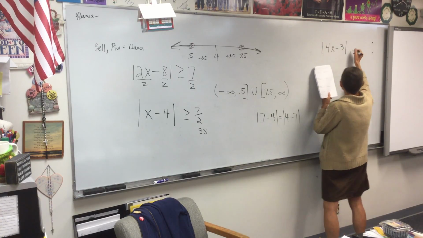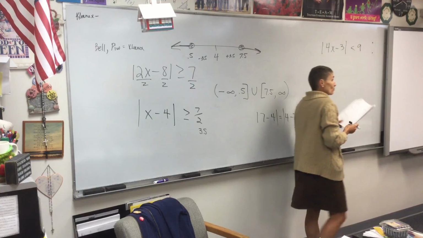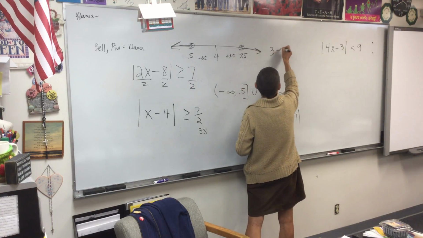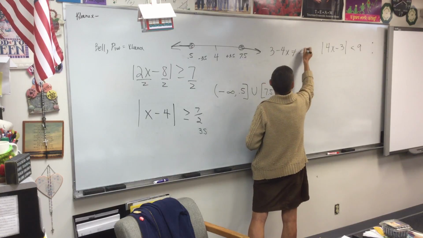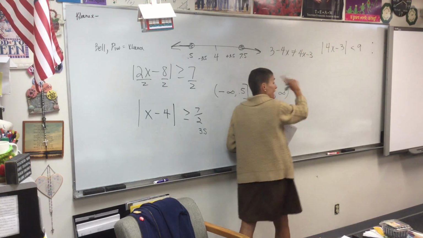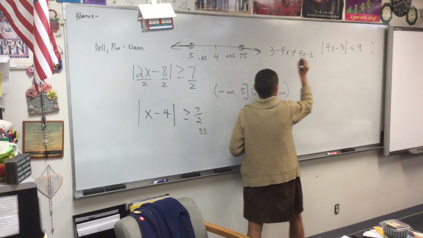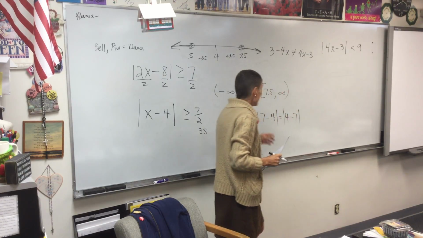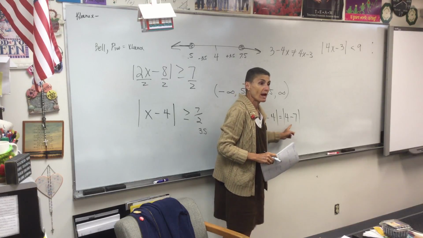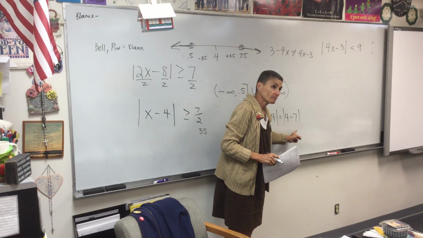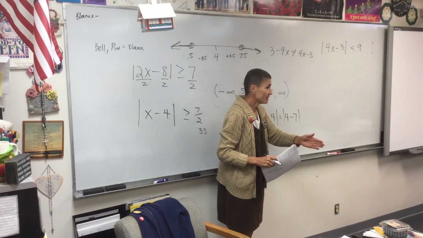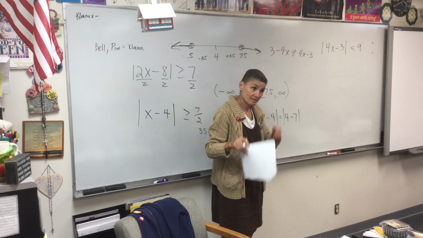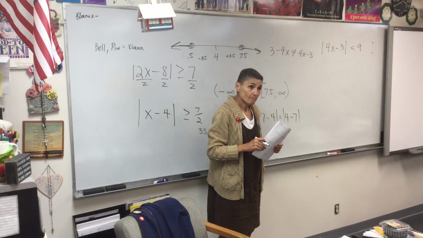Now, you can't do that in regular math. I mean, it isn't true. 3 minus 4x does not equal 4x minus 3. You can't do that unless they are in absolute value. Then the order you subtract doesn't matter. 6 minus 10, absolute value, is exactly the same as 10 minus 6, right?